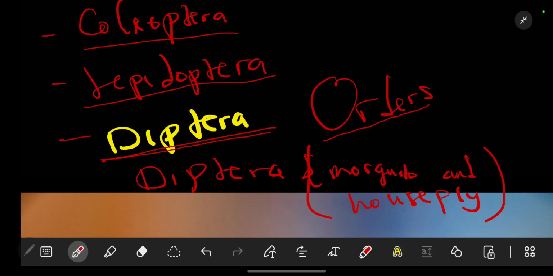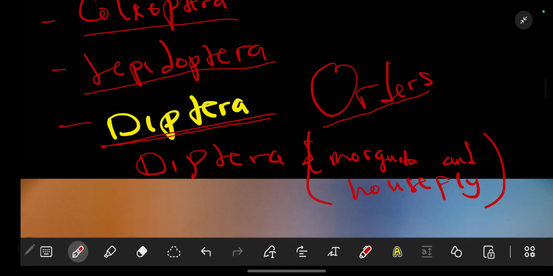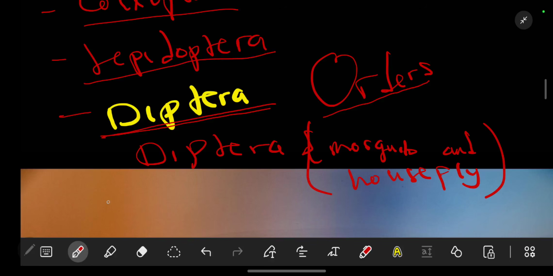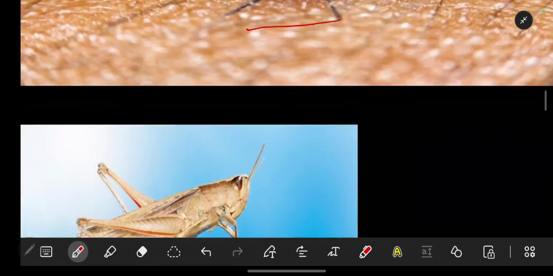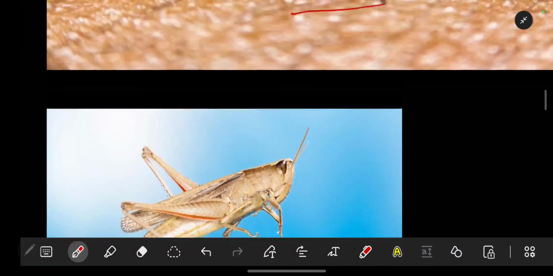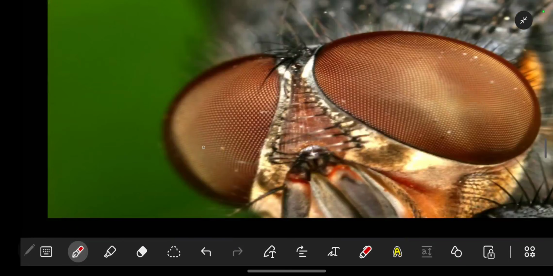Mostly these have got a sucking mouth part. So the mosquito and the housefly. This is the housefly with compound eyes.